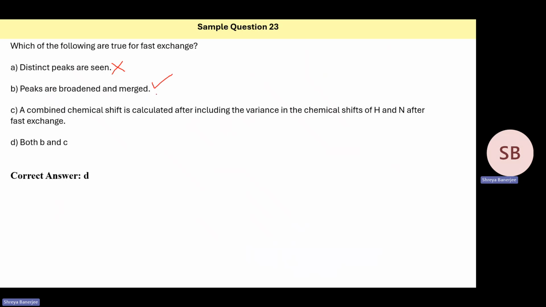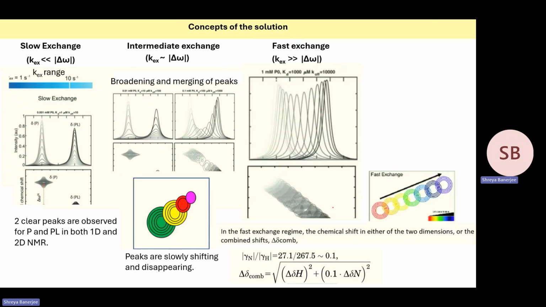What about the option C? In fast exchange, what is done is chemical shift in either of the two dimensions. So you have, suppose this is 15N, this is 1H. Net chemical shift is calculated by this formula.